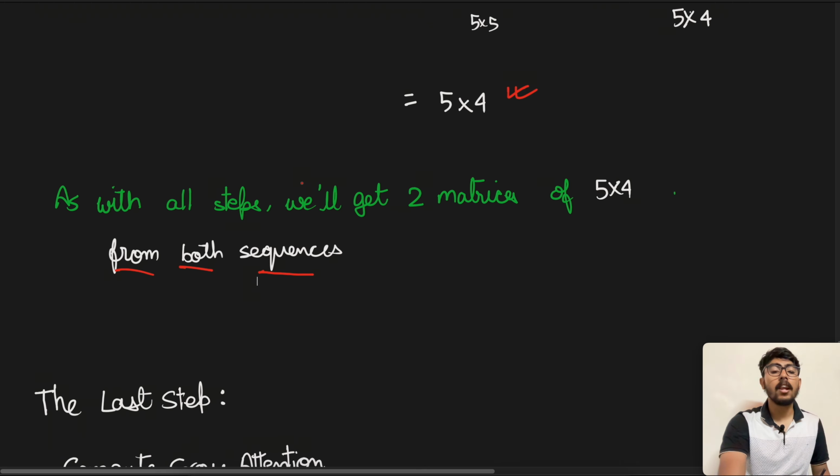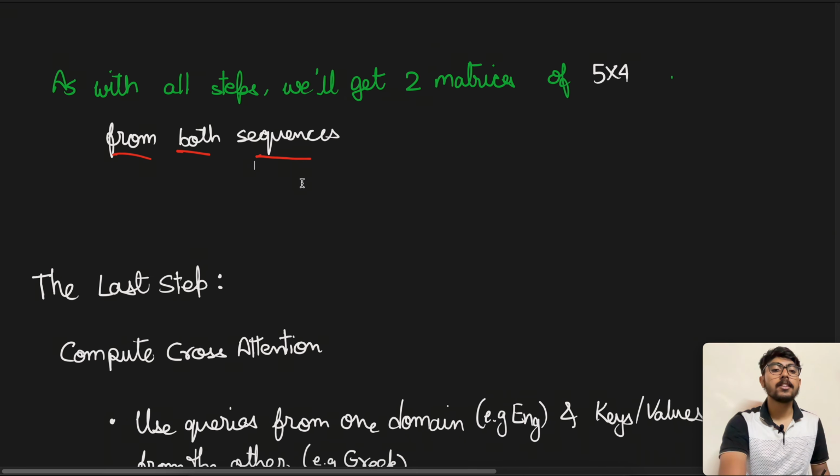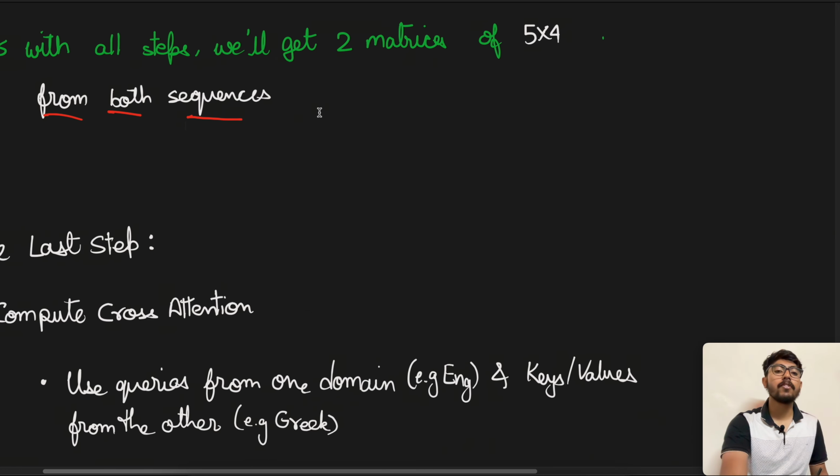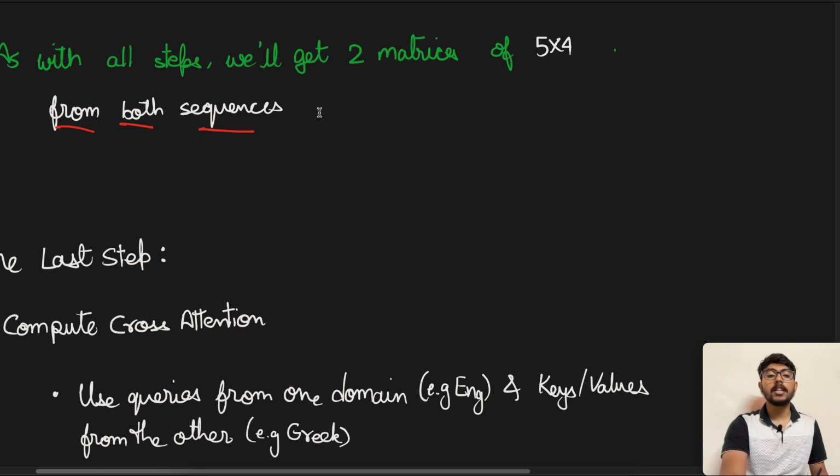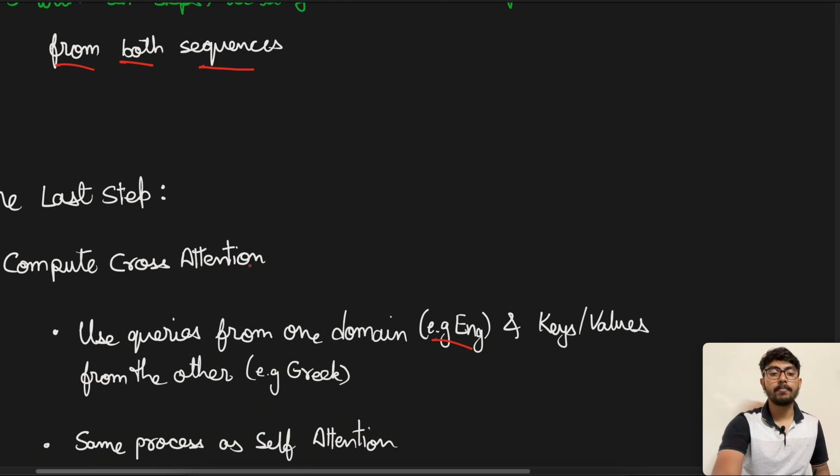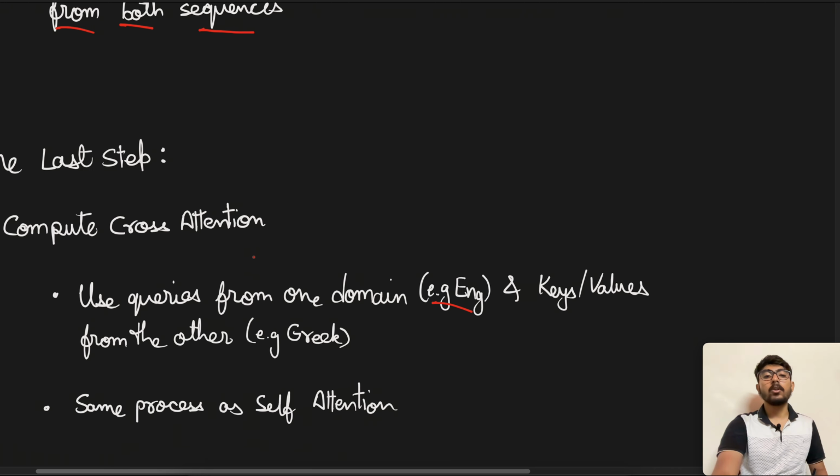Next, the last step which we want to do is the cross attention computation. Basically we do the same step as we did just now, but use the queries from one domain, let's say English, and use the keys and values from the other sequence, which is Greek. The process will be the same as we applied for self attention.